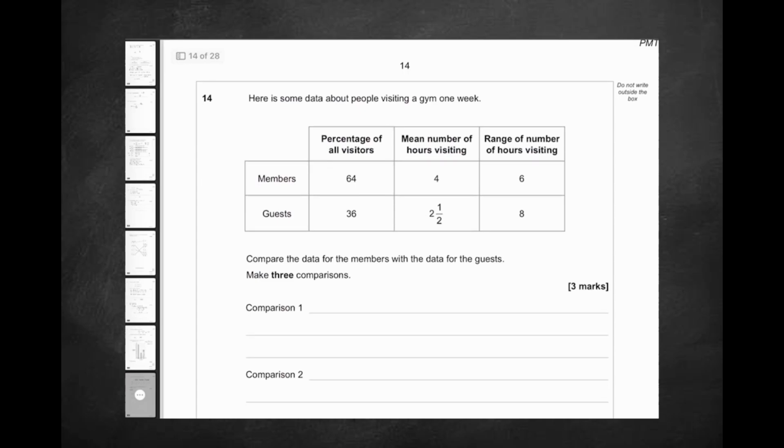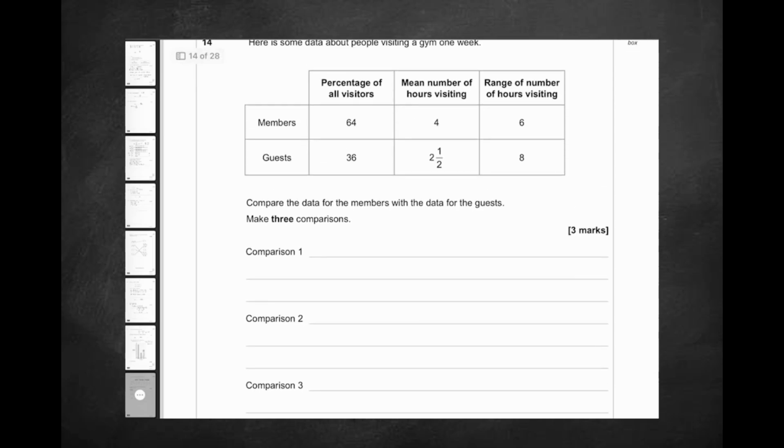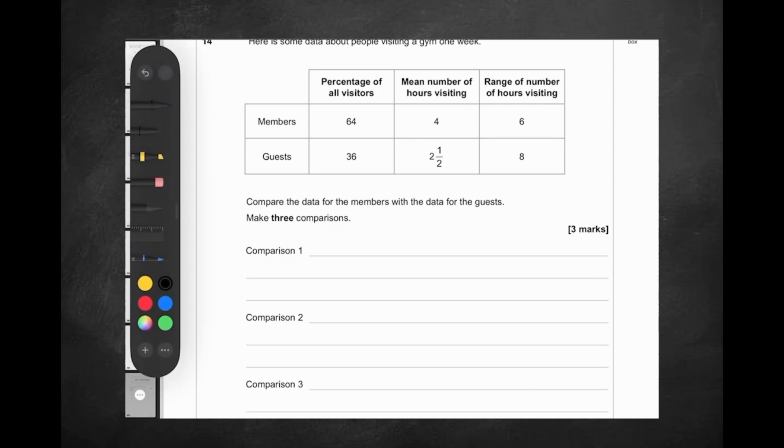Question 14. Here is some data about people visiting a gym 1 week. Compare the data for the members with the data for the guests. Make 3 comparisons. So they've given us 3 different columns and they want us to do 3 comparisons, so let's do it the easiest way possible. So there are more members visiting than guests, as the percentage is 64 compared to 36.